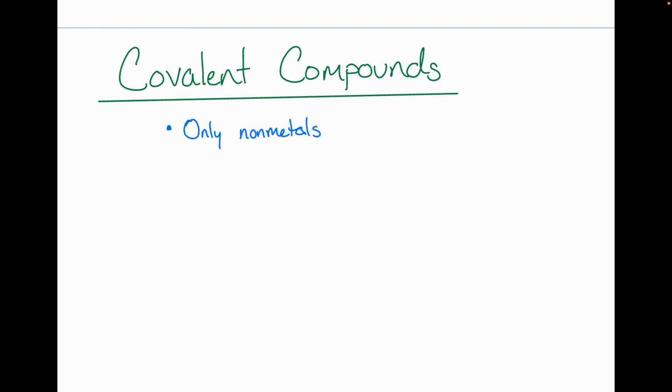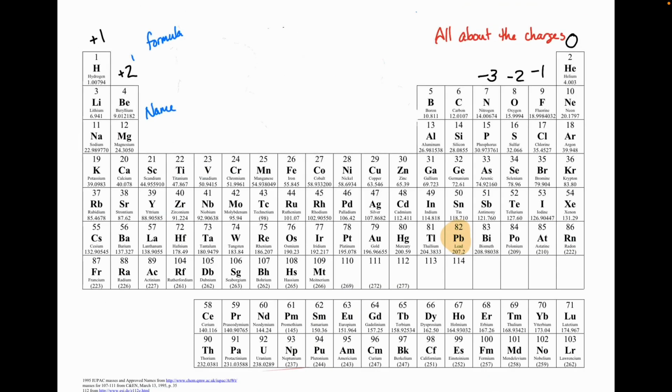All right, so for example, CO2. If we look at our periodic table here, carbon lives on the right-hand side. Oxygen lives on the right-hand side, right? They're both over there on the same side of the periodic table. They're both nonmetals. This would be a covalent compound.